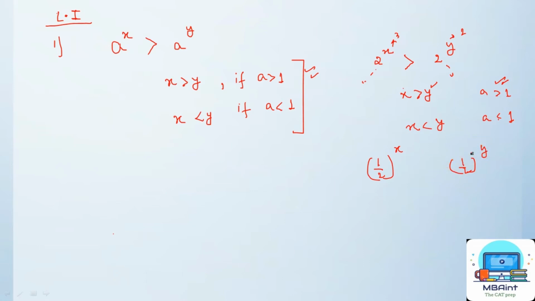When the LHS is going to be greater than the RHS, this is only possible when x is less than y, because it's a fraction. The more you multiply the fraction, the lesser and lesser it becomes. So the earlier case will be possible when x is greater than y, and this will be possible only when x is less than y. I hope you guys are able to relate things.